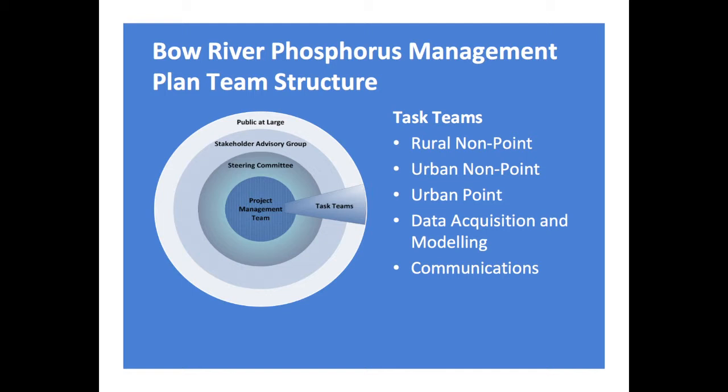So it's been complicated. Then we have the data acquisition and modeling task team, and it's been great because actually there's more data out there than we realized, but it was never brought together in one place. So the data on the water quality monitoring and on phosphorus and so on has all been brought together in a report that's actually just been reviewed. It'll be ready at the end of March for the steering committee to look at their April meeting.